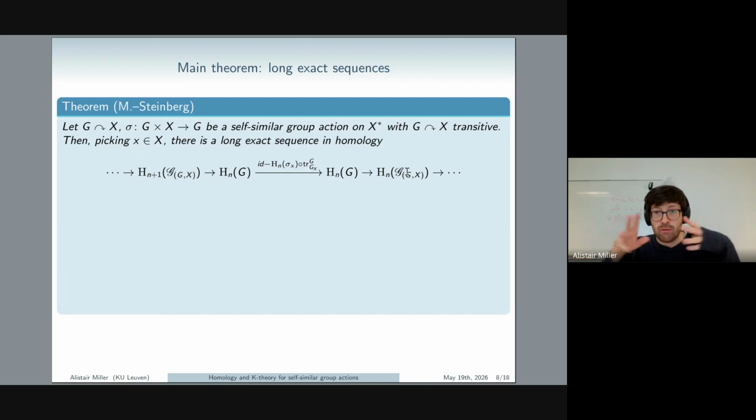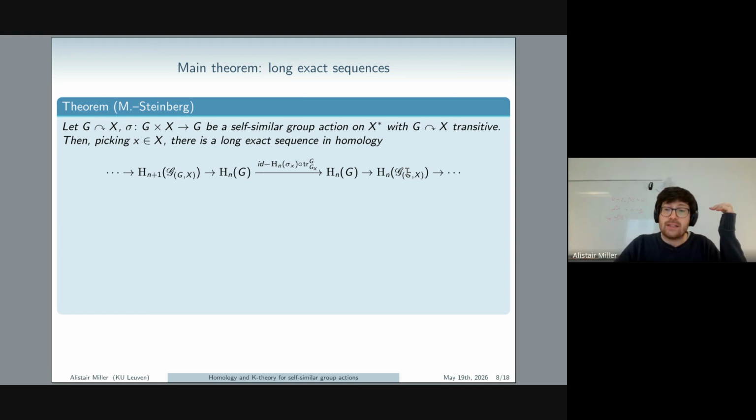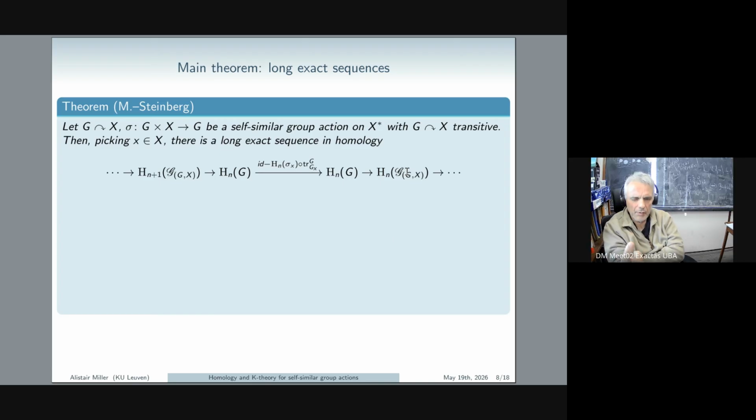So for any self-similar group action, it will be generated by this copy of V and this copy of G bar. V being the Thomson group. Yes, exactly, Thomson's group V, or the related group Vn, sitting inside the automorphism group of the n-ary tree. And so that is where this sequence comes from.